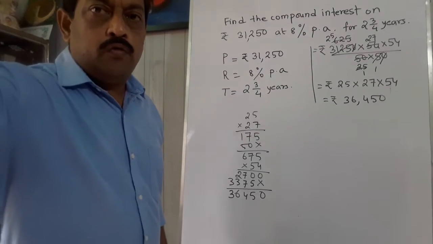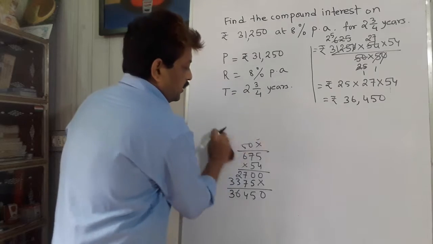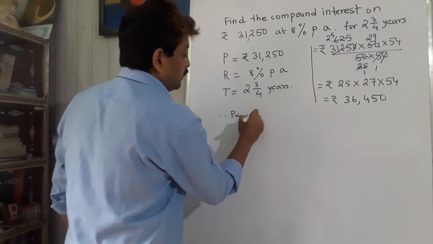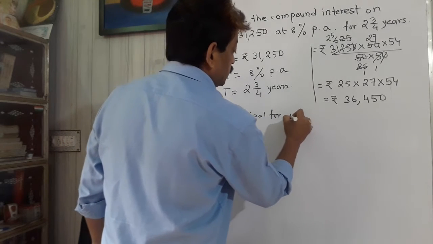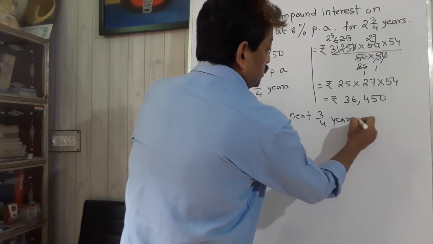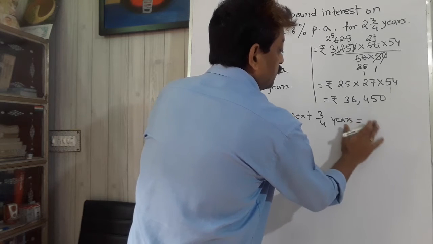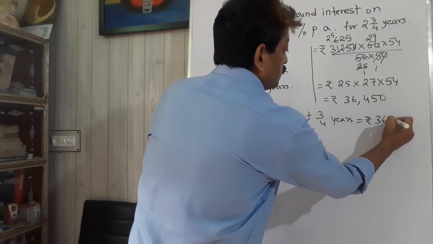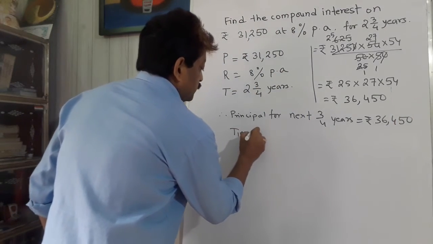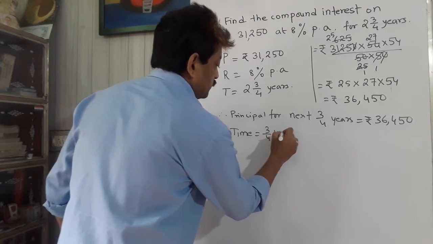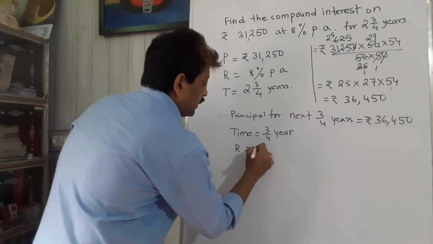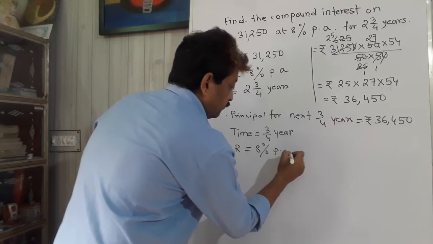Now we have to calculate the interest for the next 3 by 4 years. Therefore, principal for the next 3 by 4 years equals rupees 36,450, time equals 3 by 4 year, and rate of interest will be the same, R equals 8% per annum.